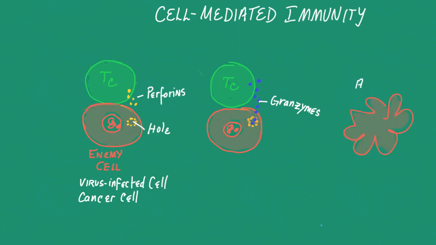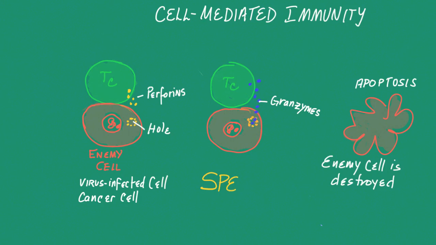The granzymes induce the enemy cell to undergo apoptosis. In other words, the enemy cell commits suicide. This is very much like the natural killer cell. However, one difference is that the cytotoxic T cell must be activated by the helper T cell. It is highly specific and so it waits to be primed by the helper T cell.